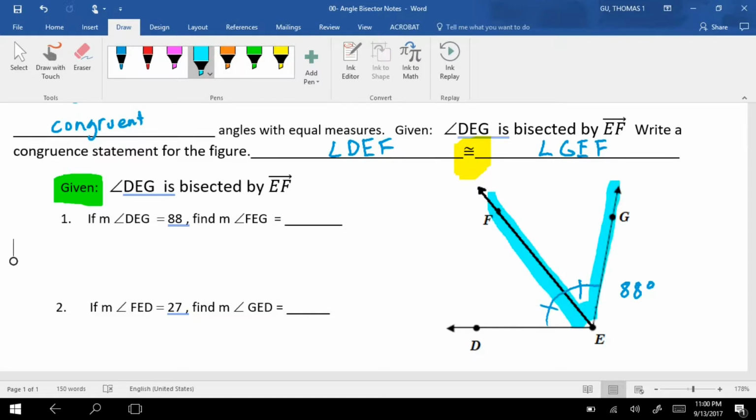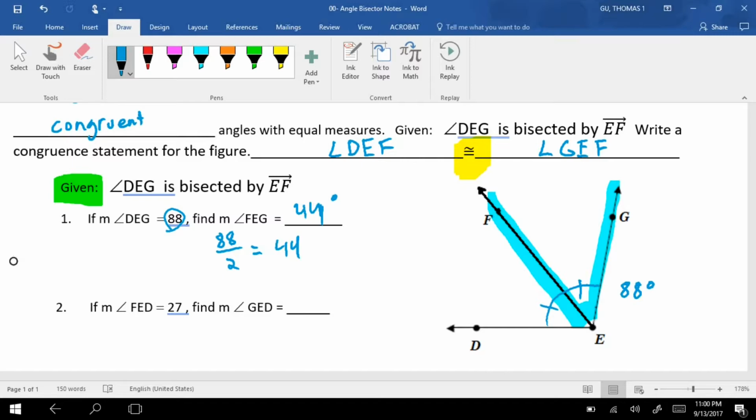We know that ray EF bisects this whole thing. The whole thing is 88 degrees, so 88 divided by 2 would be 44. So angle FEG is 44 degrees. Don't forget the degree sign. 44 what? Dogs, cats? Nope, degrees.